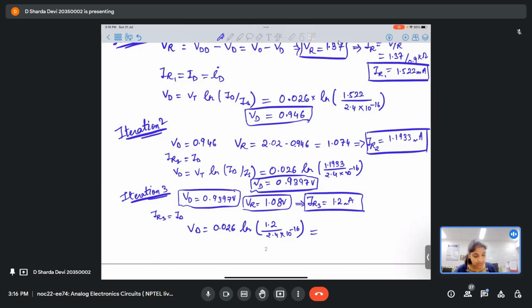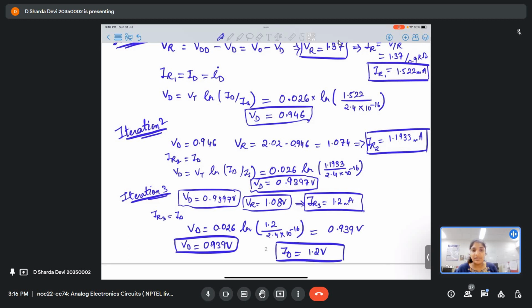What is the value that we are getting? 0.939. This is what we got earlier also, right? So hence VD is 0.939 volts and ID is 1.2 milliamps.